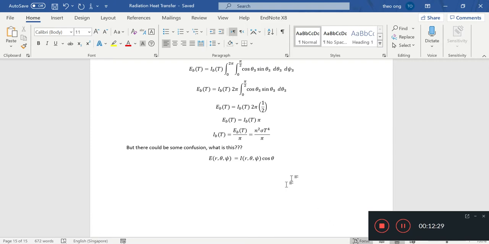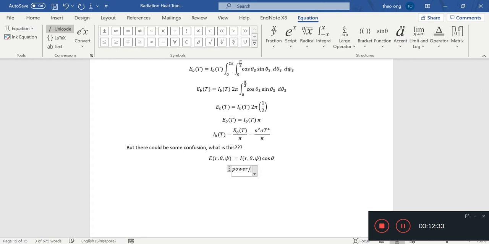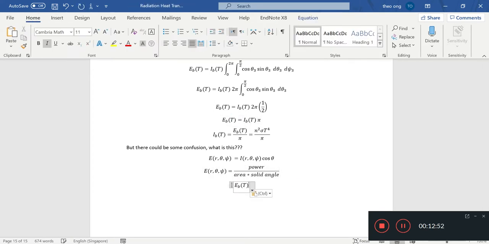So what is this here? This is actually power per unit area per solid angle, and this is what this E represents. This E over here is just power per unit area.